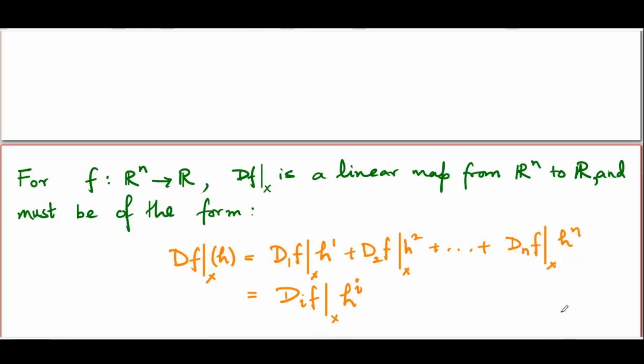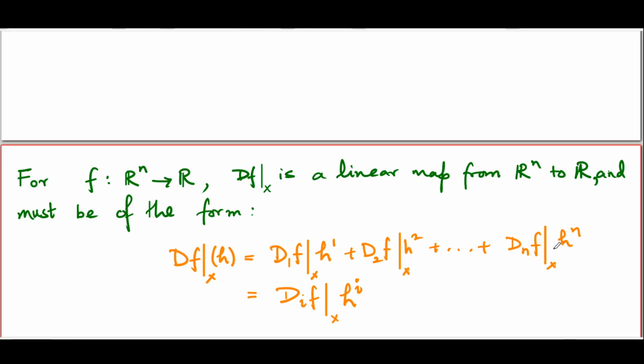And by adopting Einstein's famous summation convention, we can write this as dif at x times hi, where a summation is implied whenever you have a pair of repeated indices, one upstairs, another downstairs. In fact, it is because of this upstairs downstairs rule, we had to put the indices here as superfixes and not suffixes.